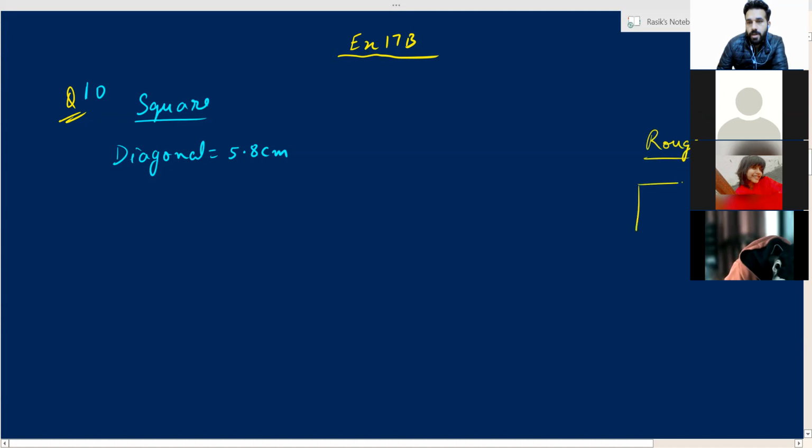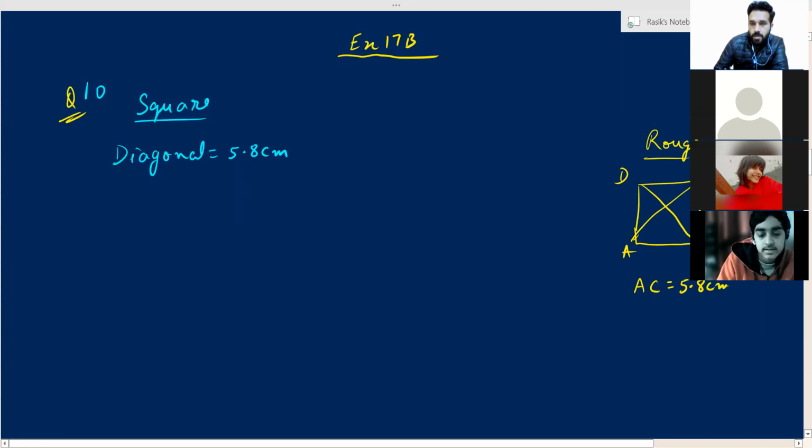So we will be constructing a square where each of the diagonals will be 5.8 centimeters. Do you know that in a square the diagonals are equal? Yes, sir. Any other property of a square? As I told you, we will be using the properties.